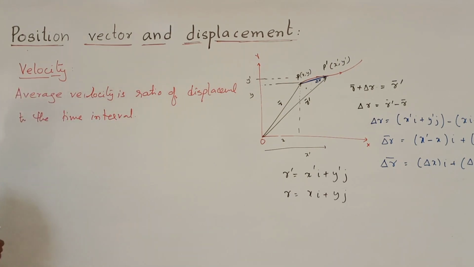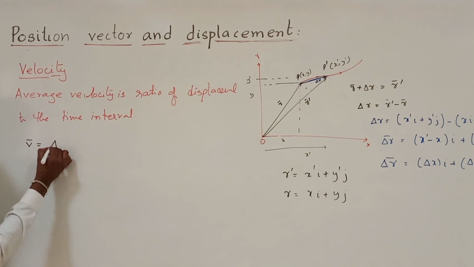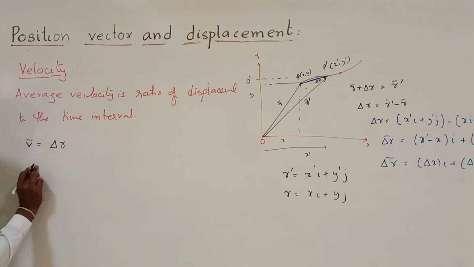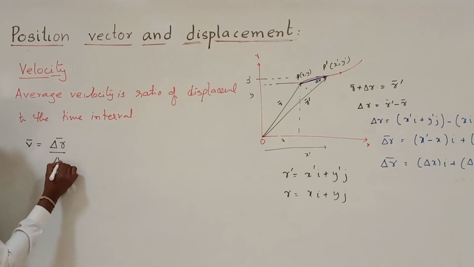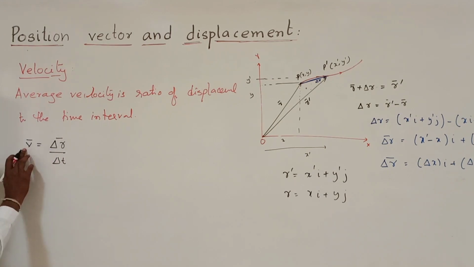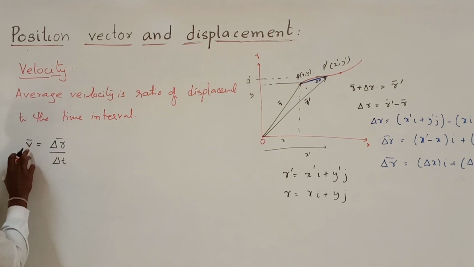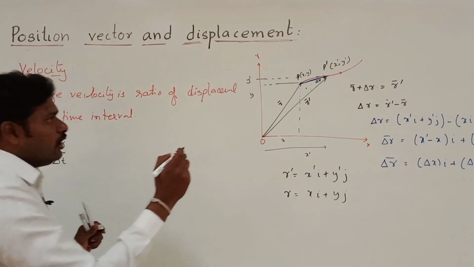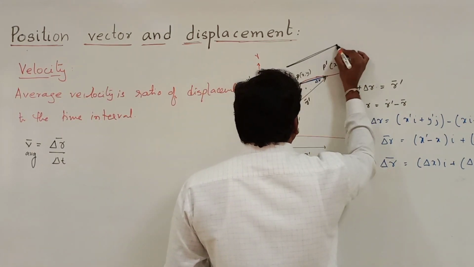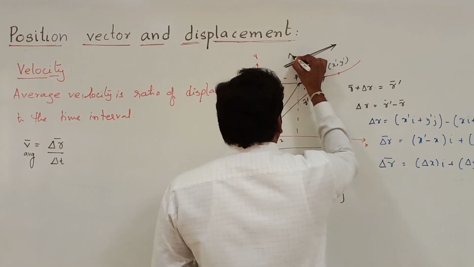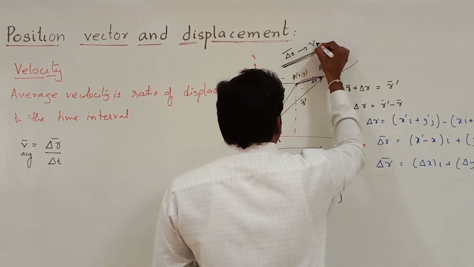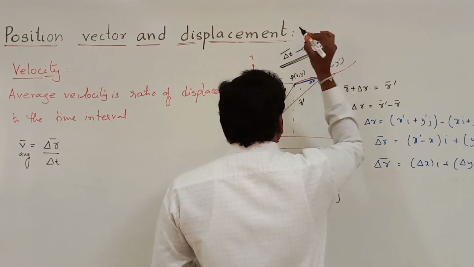So average velocity, which is also a vector, is the ratio of displacement delta r by delta t. See here, the time delta t does not have any direction, but the direction of average velocity is the direction of the displacement. So this is the delta r direction, the same as the average velocity direction.